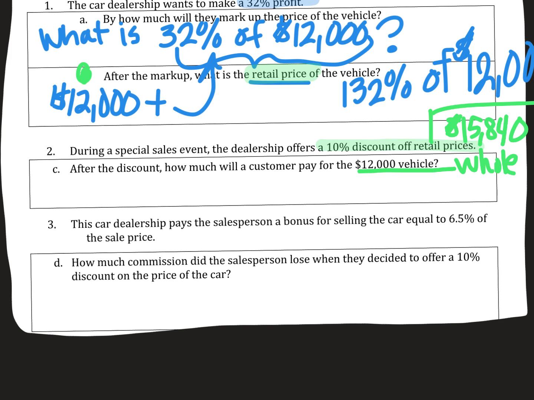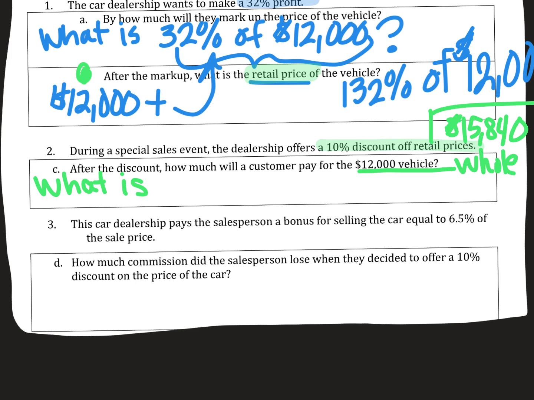That's that $12,000 wholesale. The same one up here that you should have found $15,840 retail. After that, how much will a customer pay? So you're going to need to take that retail price. You're going to need to take 10% off the retail and subtract that from retail. So what is, you're not going to write this question, I'm just interpreting it to you. This is what you're going to need to do in this space.